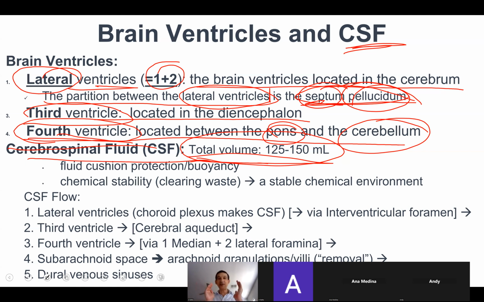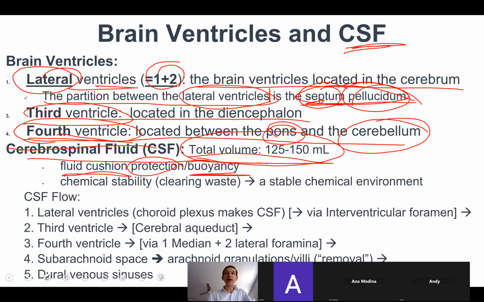We have a calvarium. So the brain needs that fluid cushioning for protection and for buoyancy, okay? It kind of reduces the weight, it makes the brain float, and we'll see later on that the brain has so much fat that floating is pretty much a given, okay?